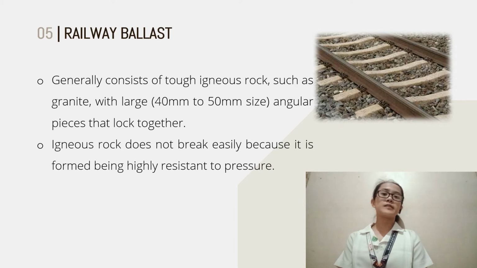Imagine a fully loaded train weighing over 2,000 tons, and added to this weight is the weight of the track itself and the sleepers it rests on. So imagine how heavy it is. It obviously needs a very tough rock to support this weight and distribute the load of a passing train.